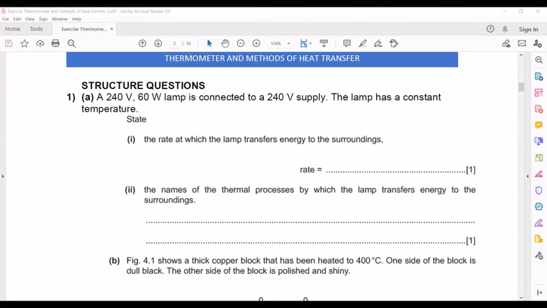Any other question in this exercise 2 of thermometer and heat energy transfer?